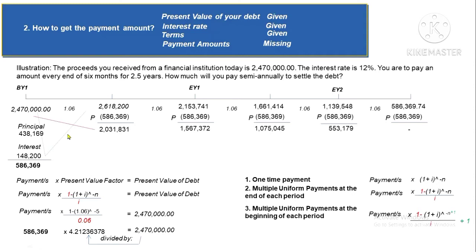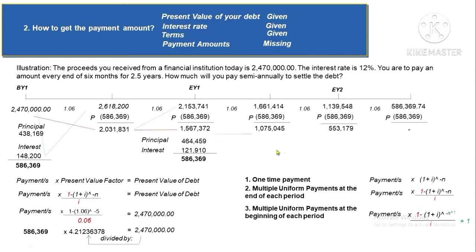So, in short, if you want to get the principal payment, you get the difference between the beginning balance of the liability and the ending balance, and the interest payment is just the difference of this one and this one. So let's complete the analysis for all of the periods. We have the difference of this one, the principal payment of 464,459, and the interest is this one minus this one. We have 121,910, and of course that is still 586,369 all in all.